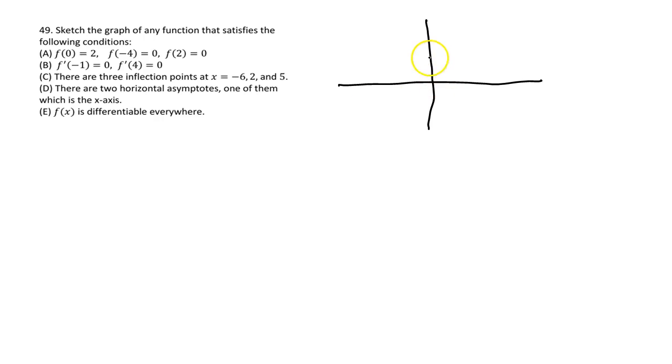So f of 0 is 2. Let's say this is 2. F of negative 4 is 0, so it's negative 4 here. F of 2 is 0. So we need a graph that passes through these 3 points. Now f of negative 1 is equal to 0, and f of 4 is 2.